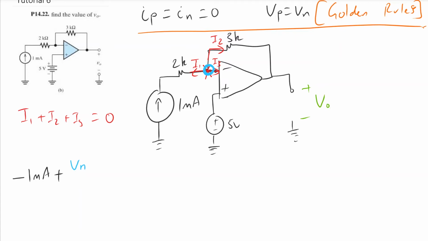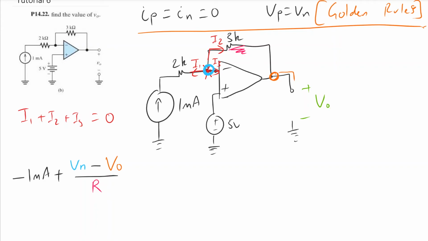And then we subtract the node that we end up at. This potential here is our output voltage, so Vn minus Vo, and then we divide by the resistance of the branch that we're looking at here, which is 3K. So that's the current flowing through that I2 part of our expression, plus I3.